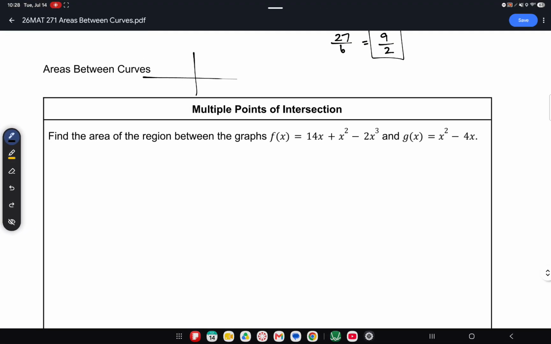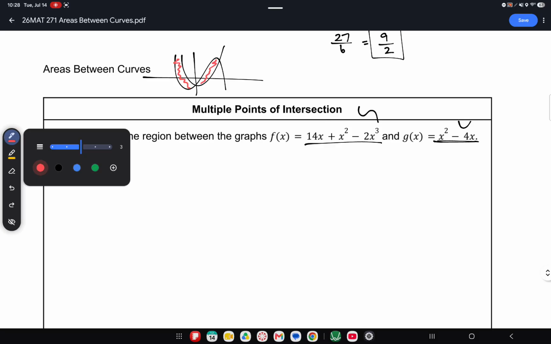Maybe let's do a little visual here. So we have a cubic that is going to look something like this. And then we have a quadratic that'll look something like this. I don't remember exactly how it was, something like that. So basically what we have is we have this area, and then we have this area as well.